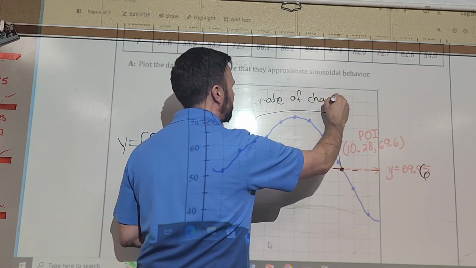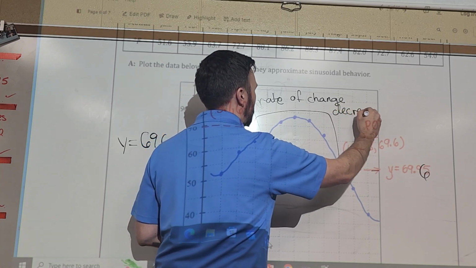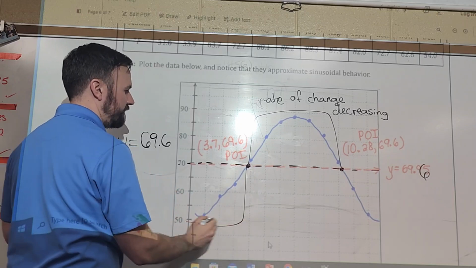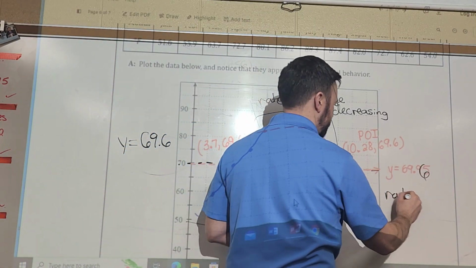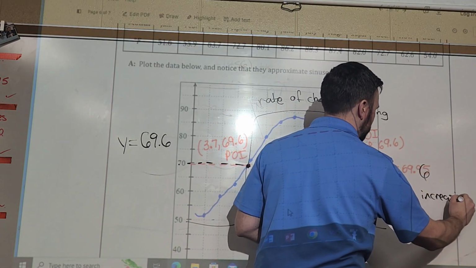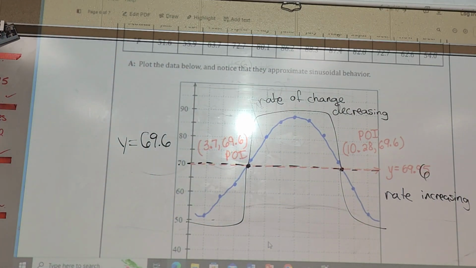What's my rate of change doing? Decreasing, because we are concave down. And here to here, our rate of change is increasing. Our concavity is changing. So in mathematical context, remember what concavity means. Down means we're decreasing, up means we're increasing, the slope.